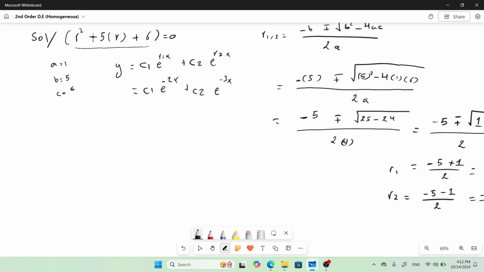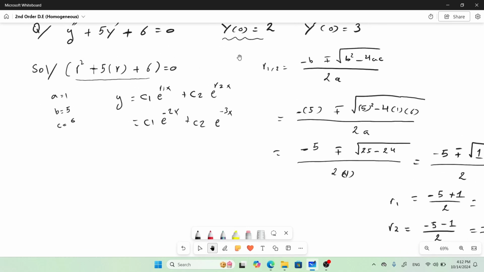Now, as you can see, we were given the boundary condition of y of 0 is equal to 2. So for every x we put 0. So for y we have 2 is equal to c1 times the exponential of negative 2 multiplied by 0 plus c2 times the exponential of negative 3 multiplied by 0.